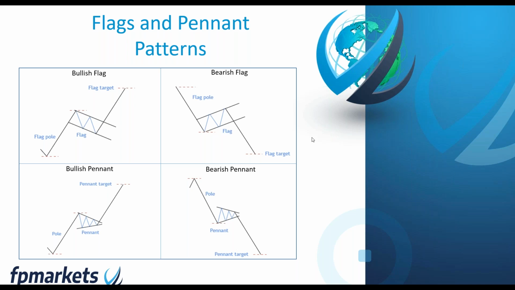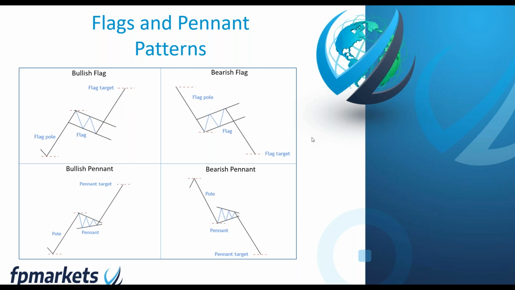Importantly, flags and pennants can essentially slope in either direction, yet most commonly we will see the pattern structure lean against the price trend, and this is what I tend to only focus on. These patterns are typically viewed as continuation patterns within a prevailing trend.